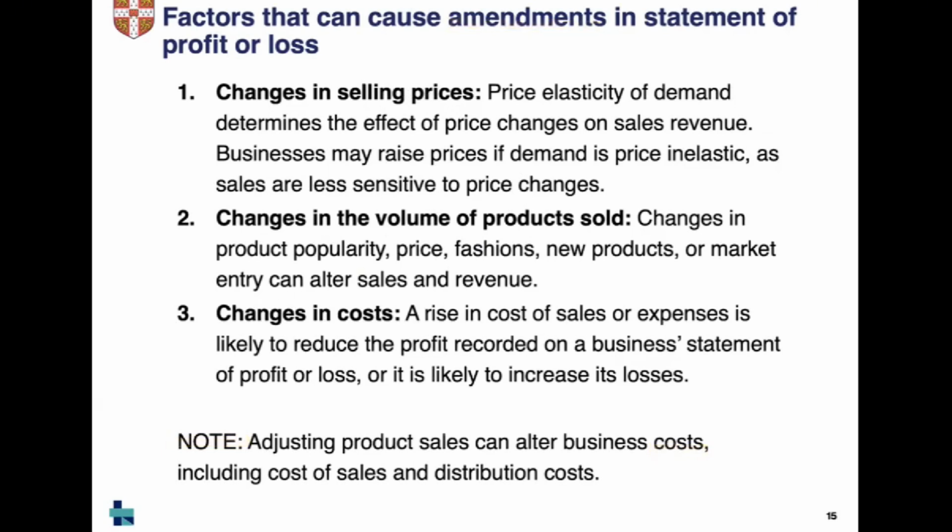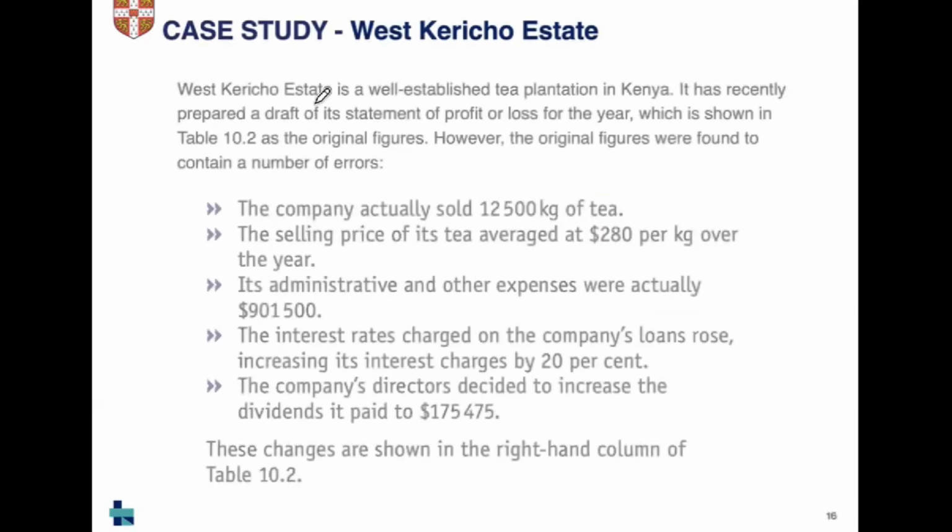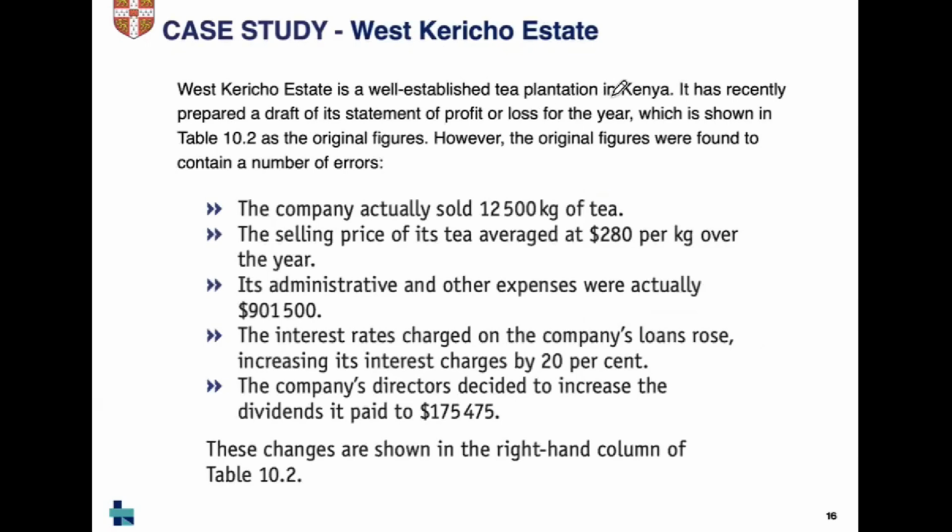There are some original figures and some amended figures, and we are going to examine the effect that these changes have on the profits, the operating profits and also the profit for the year. But we don't have enough time, so we'll look at that on Saturday. On Saturday we'll begin our lesson from this case study, the West Kericho plantation in Kenya.